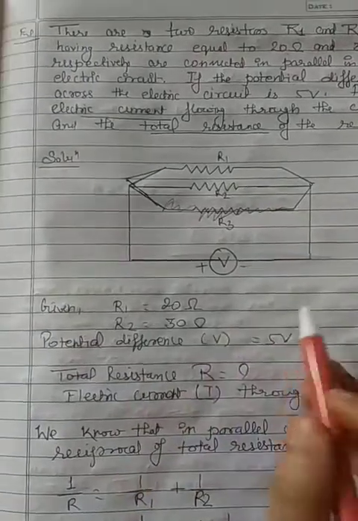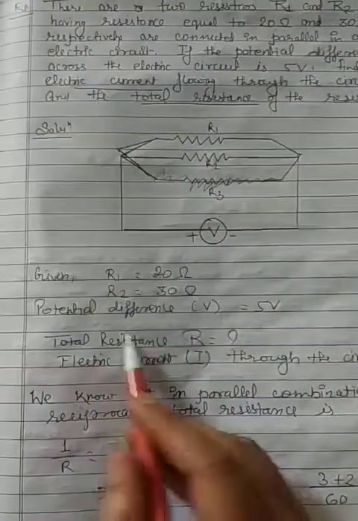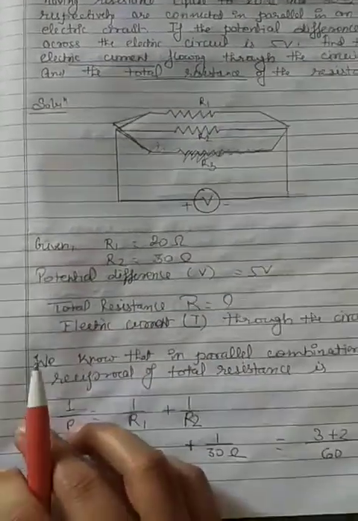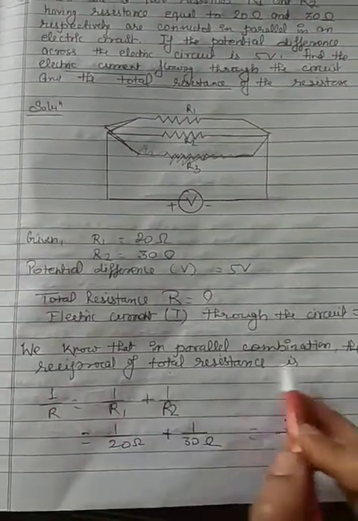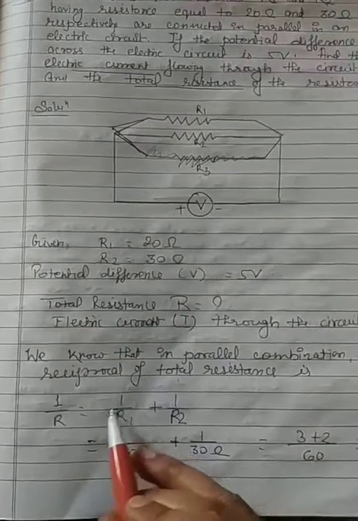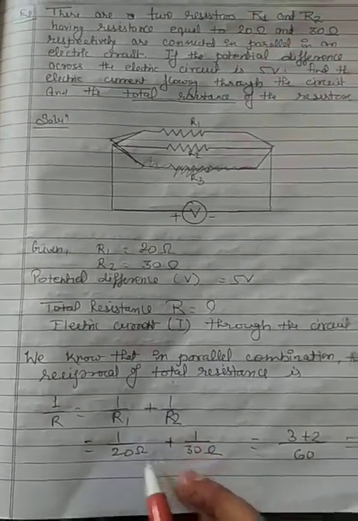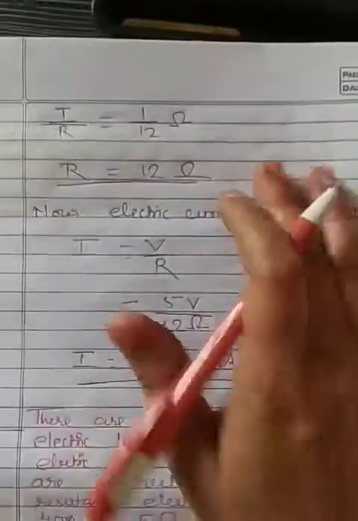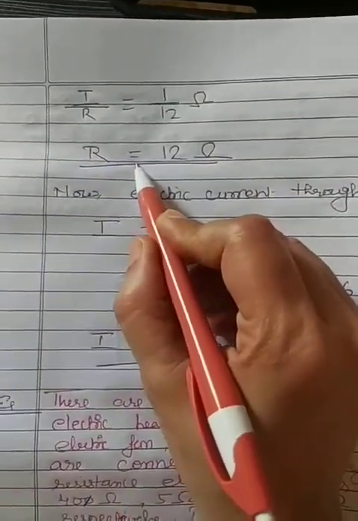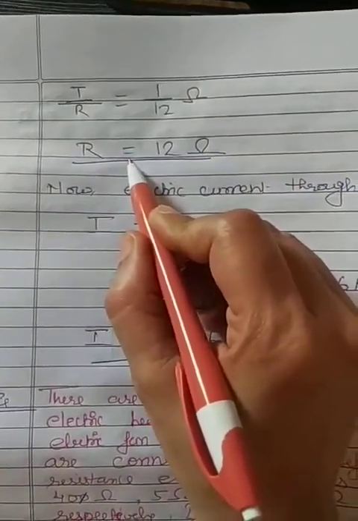Potential difference is already given, 5 volt. Now for total resistance in a parallel circuit, we know that in parallel combination, the reciprocal of total resistance, 1 upon R, is equal to 1 upon R1 plus 1 upon R2. Put the values and we will get the total resistance in the parallel circuit, 12 ohm.